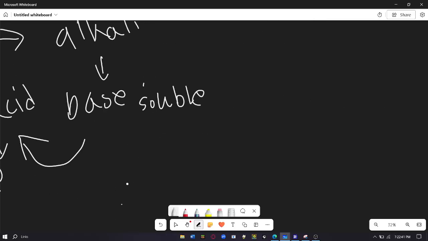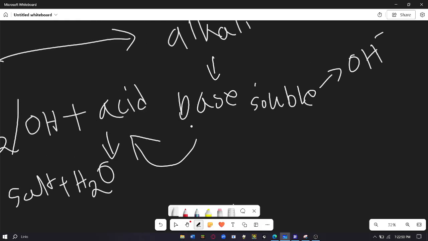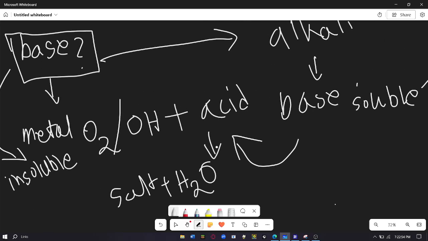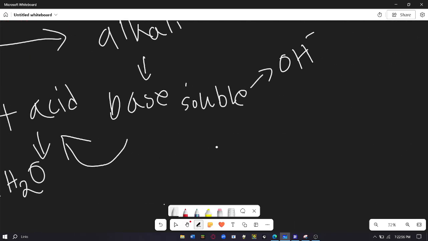But the important part is that they produce OH minus ions, which bases don't produce because they're insoluble.